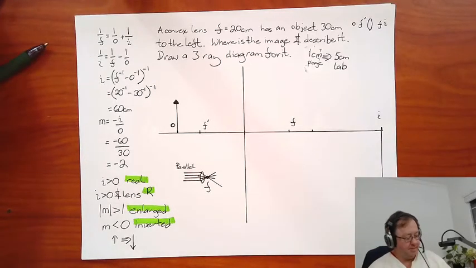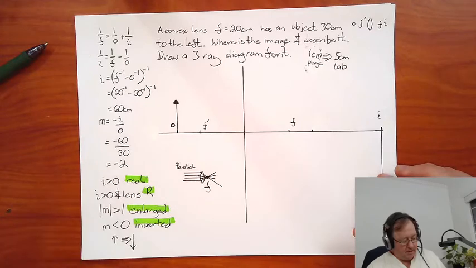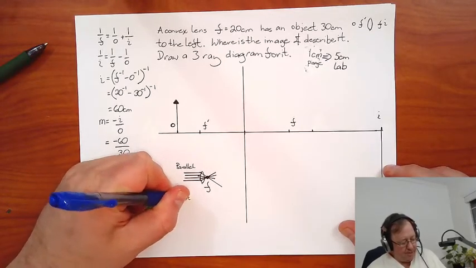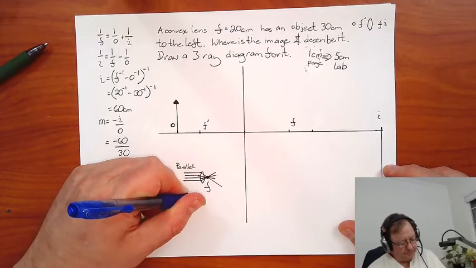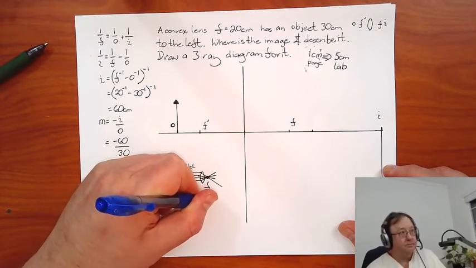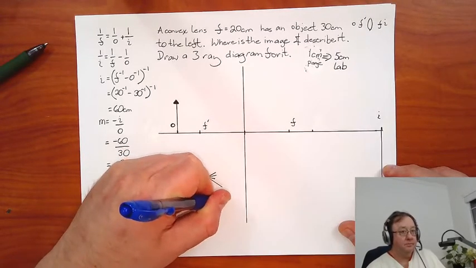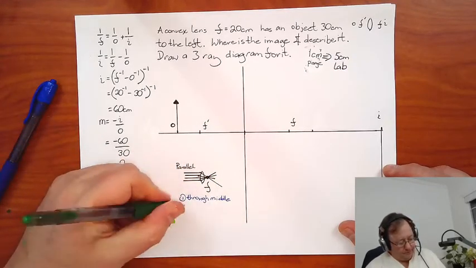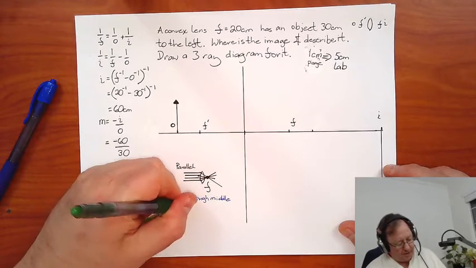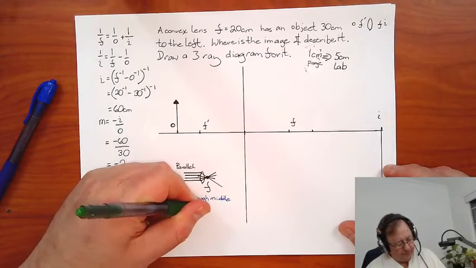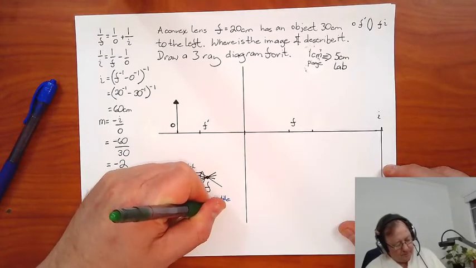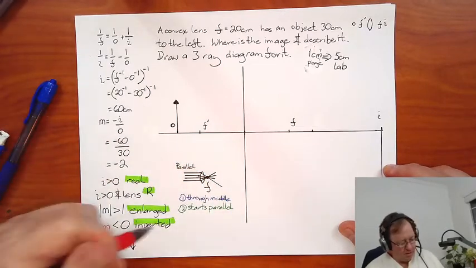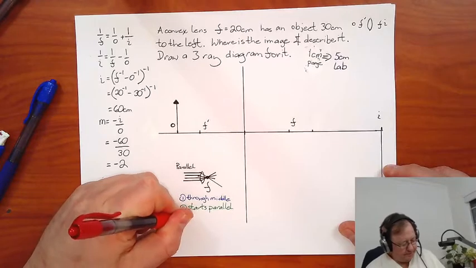Time to get the colored pens. The 3 rays are through middle, starts parallel, finishes parallel.